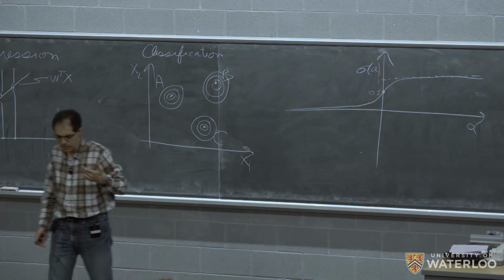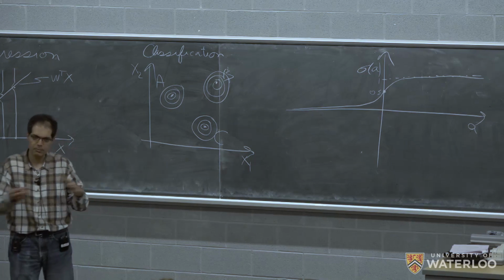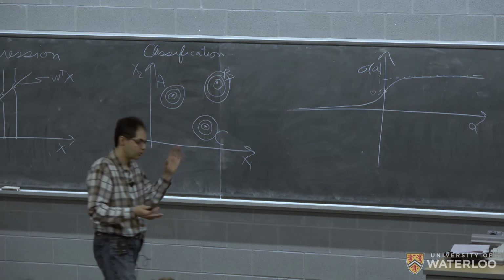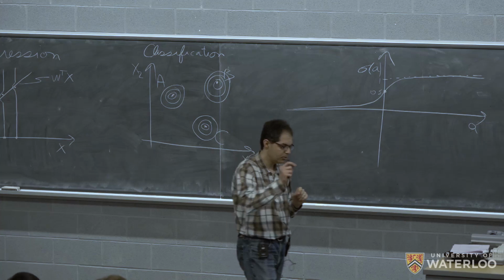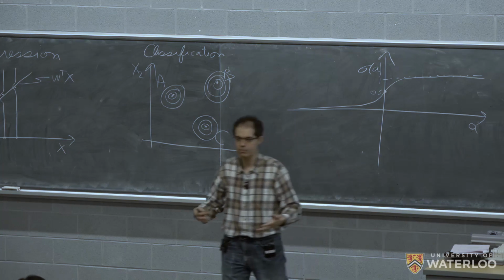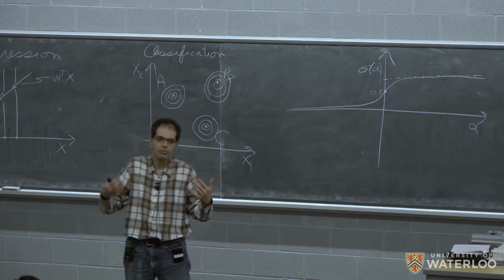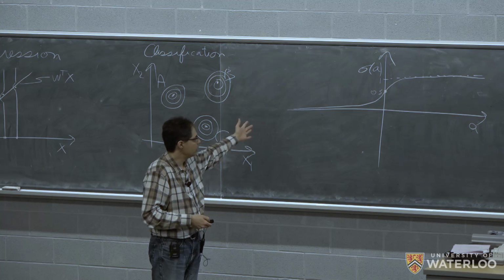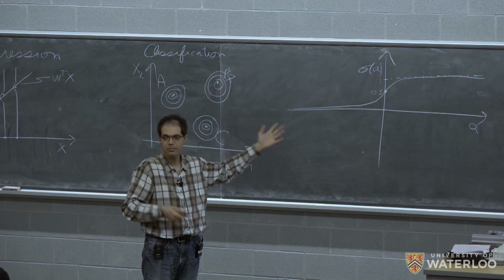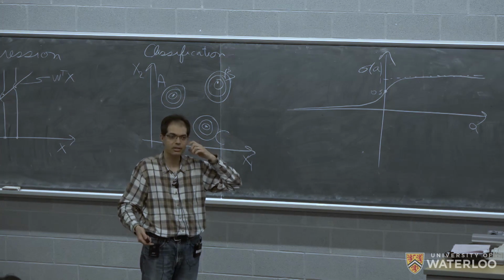And that's part of the reason why this function is very popular in the context of neural networks, because often you want to compute an output that you want to interpret as a probability. So it better be a number between 0 and 1. And the logistic sigmoid does that. Okay.